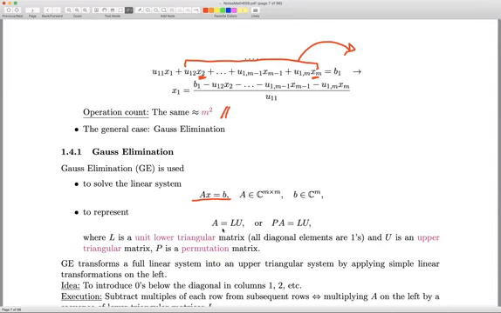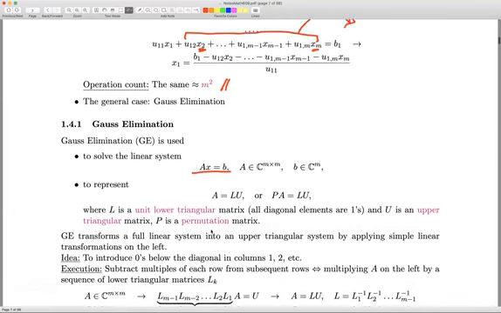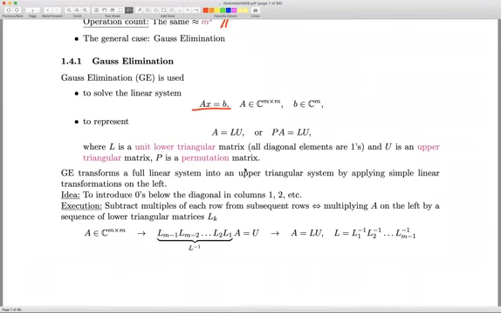And also we will use Gauss elimination as a vehicle to do a factorization of the matrix A, namely to write the matrix A as a product of two matrices: a matrix L, which is a unit lower triangular matrix, meaning all the diagonal elements of L are ones, and an upper triangular matrix U. So when we do Gauss elimination, as you probably remember from linear algebra, you end up with an upper triangular matrix, and this U is the upper triangular matrix that you end up with.